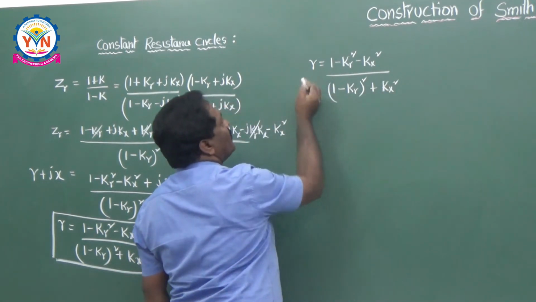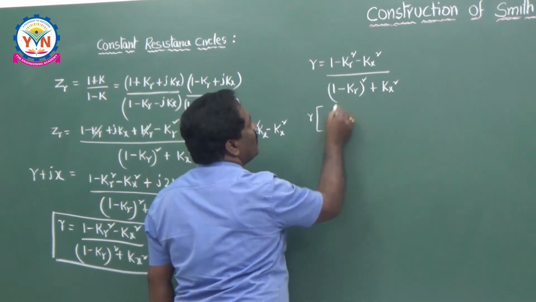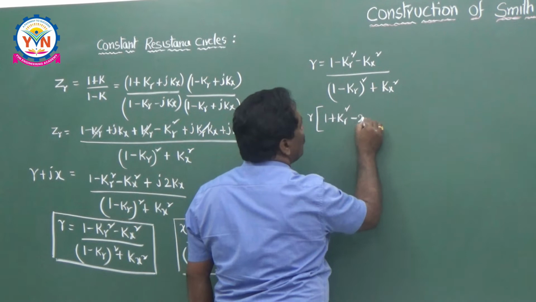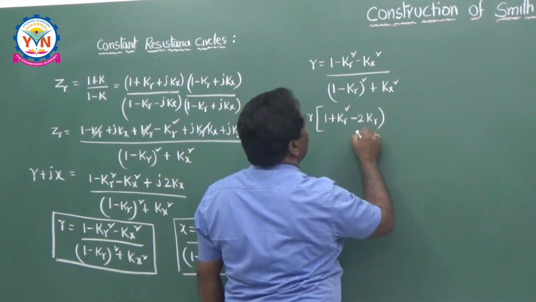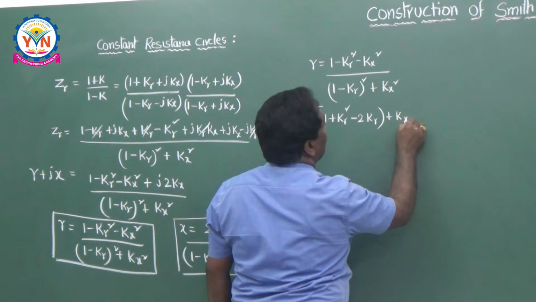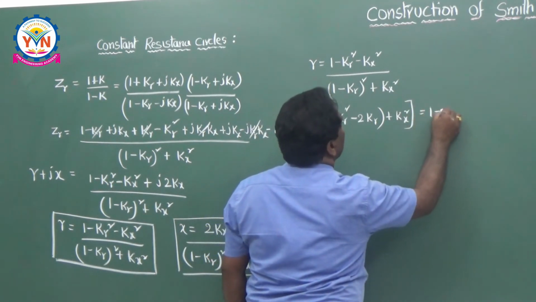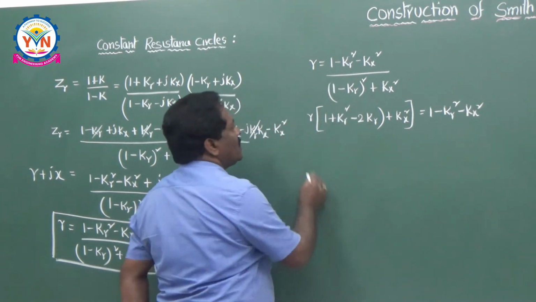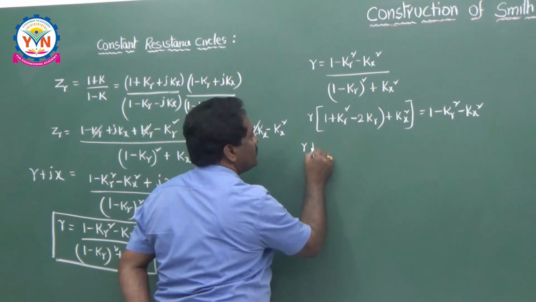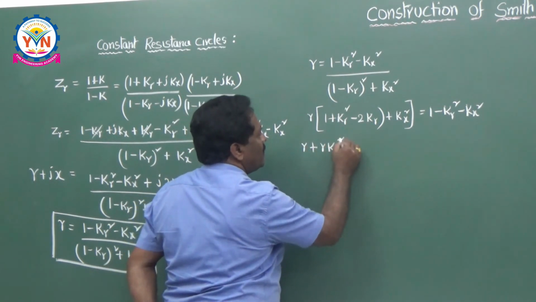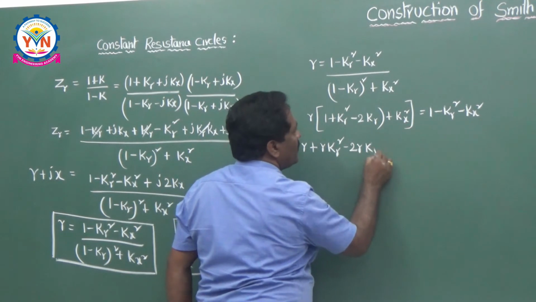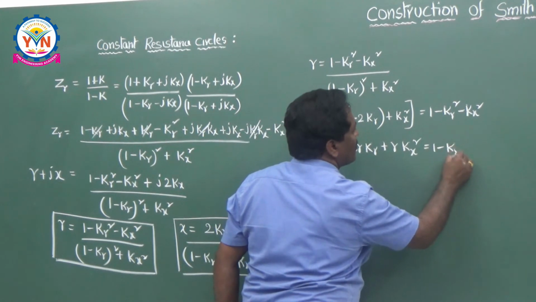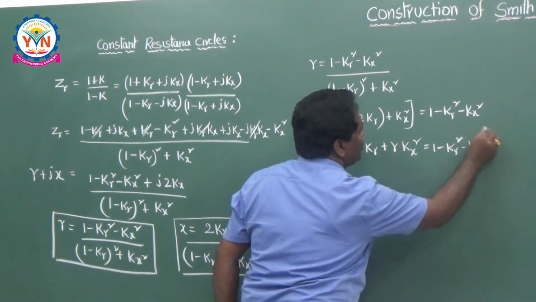Okay, so cross multiply: r into 1 plus kr square minus 2kr plus kx square is equal to 1 minus kr square minus kx square. So this is r plus r kr square minus 2r kr plus r kx square is equal to 1 minus kr square minus kx square.